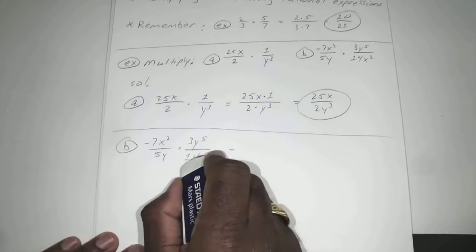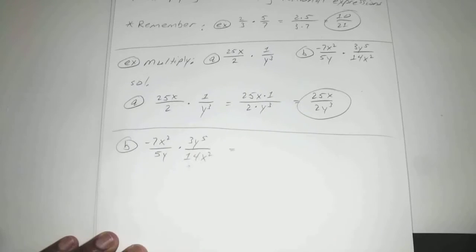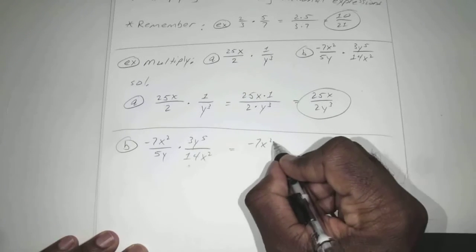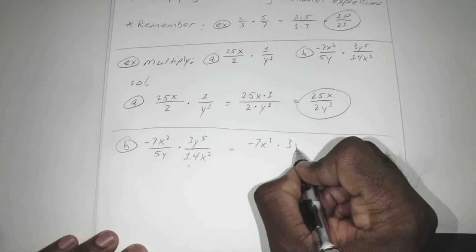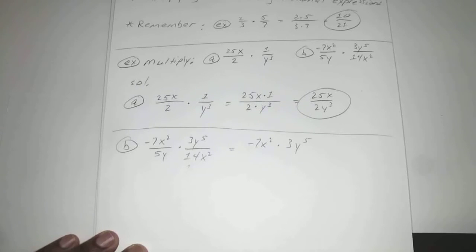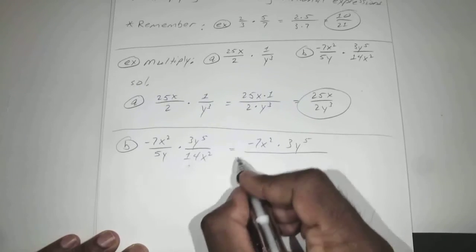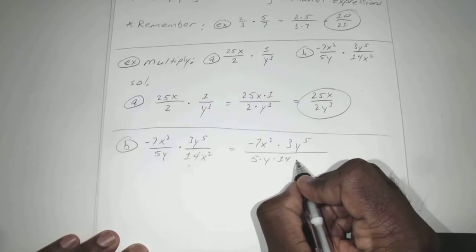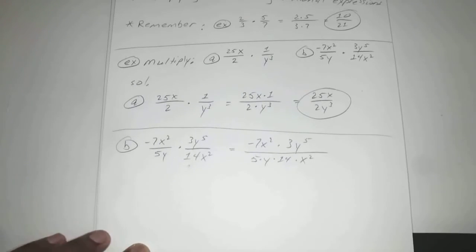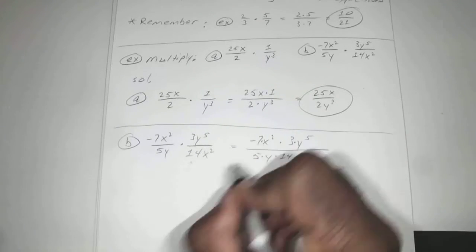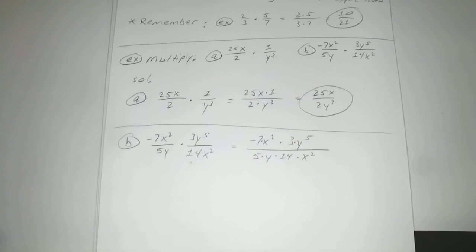So you could have negative 7x squared times 3y to the fifth, and if you want, you can put multiplication signs between those two, over 5 times y times 14 times x squared. And just for visual purposes, I'll put the little multiplication dot in between those.